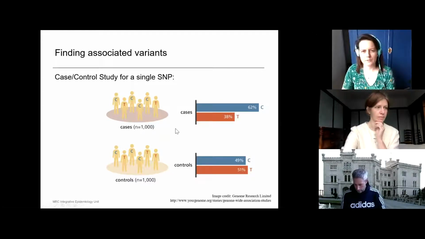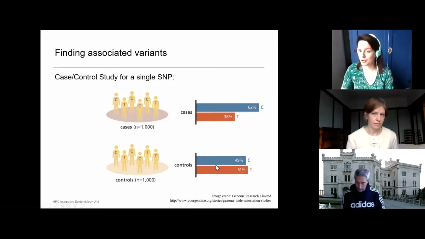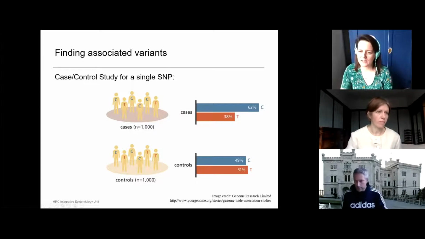So in this diagram I've put up here on the slide, if we look at the frequency of C alleles, in the cases, 62% of the alleles are C, whereas in the controls, 49% might be C. So there are certainly C alleles within the controls, and equally not every case might have a C allele, but hopefully you can appreciate there is this statistical difference between the cases and controls.